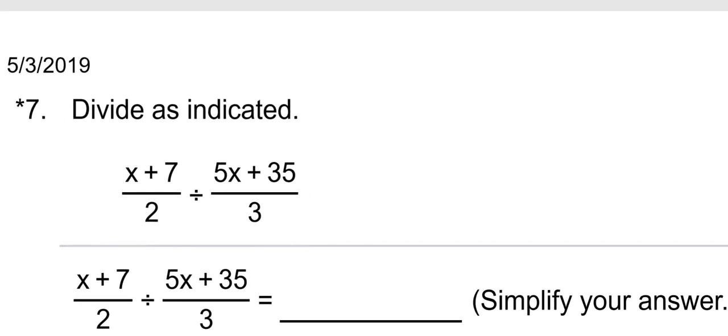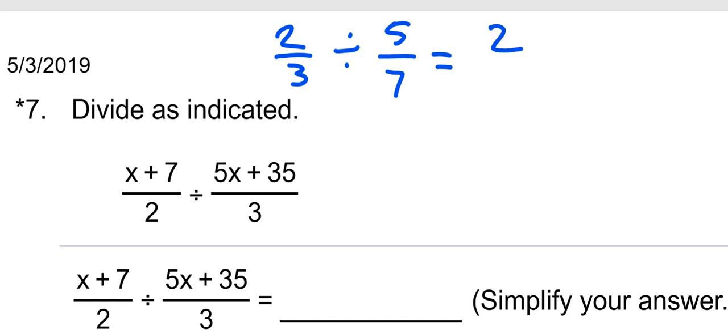All right, now let's think about what we did in middle school when we divided a simple fraction like this. 2/3 divided by 5/7. Keep, change, flip. So we keep the first fraction, we change it to multiplication, and we flip the second fraction.